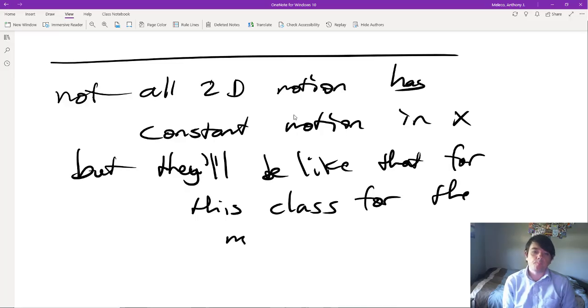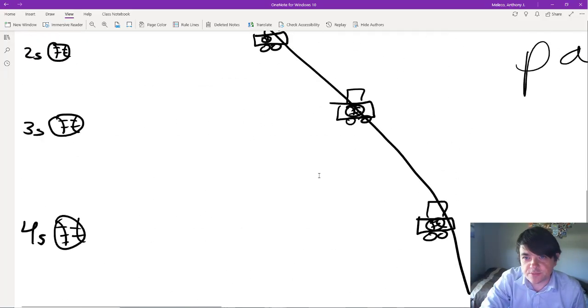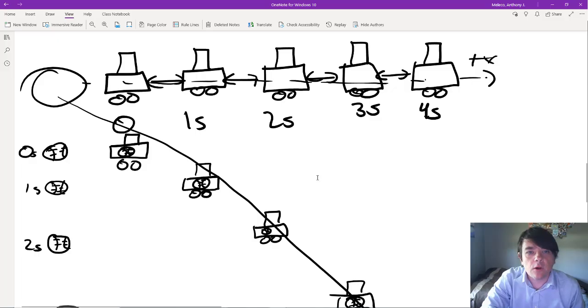There could be a couple problems out there where maybe it's like a car accelerating to the right and then it goes off a cliff. But for the most part, they're just moving constantly in the x.